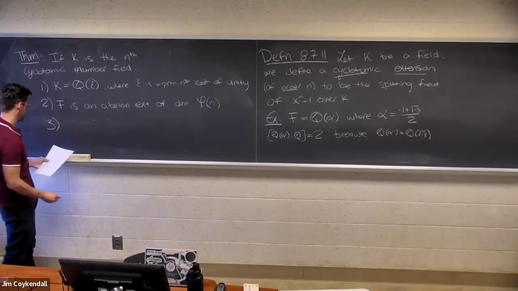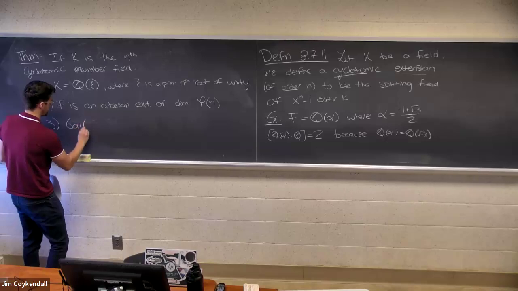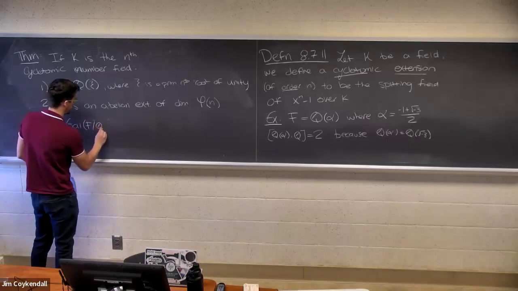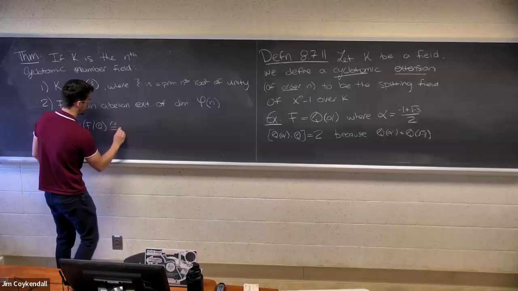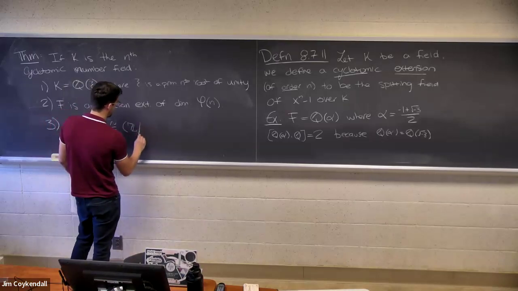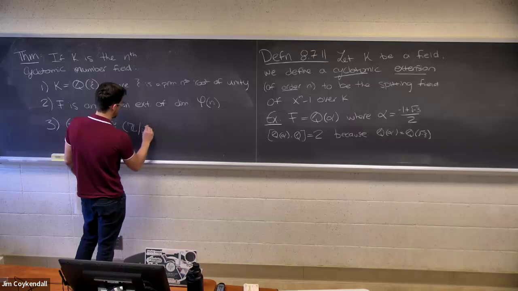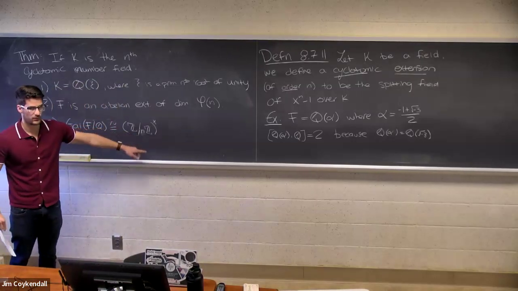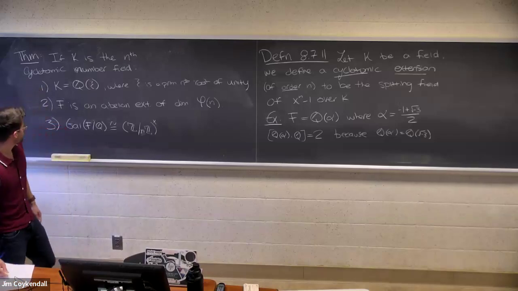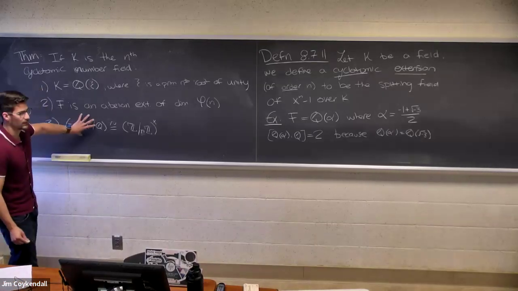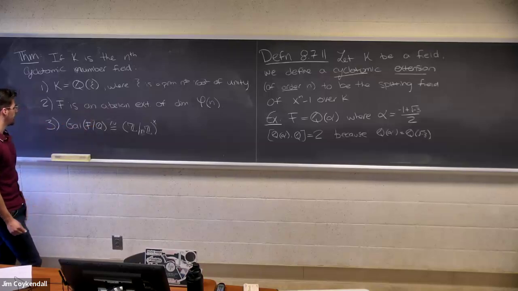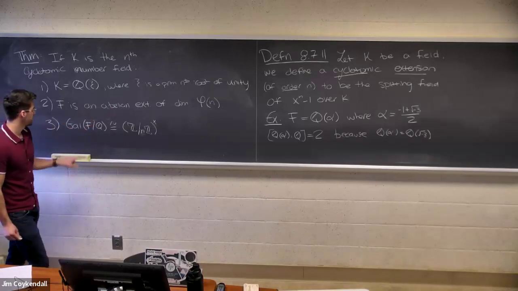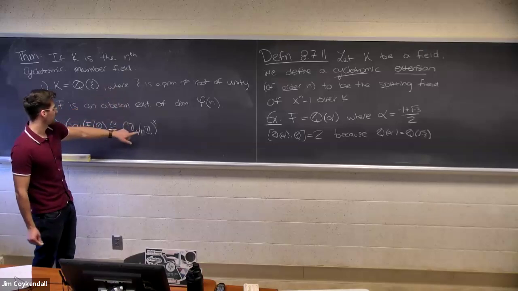And then three, the Galois group of K over Q is isomorphic to the multiplicative group of the cosets relatively prime to n. So first and foremost, it's Galois. We can see that in a couple ways, but first and foremost, its Galois group has the order of the extension.